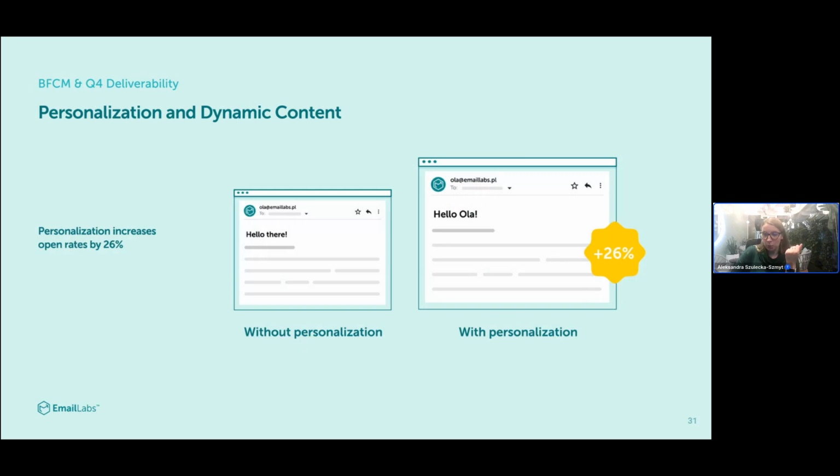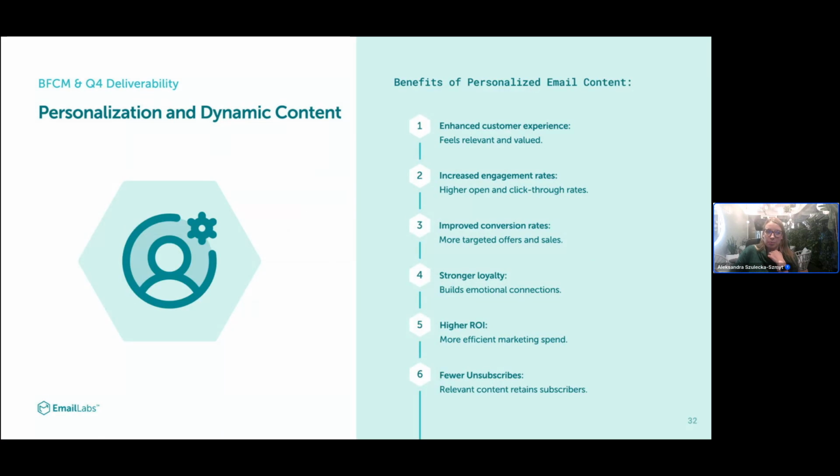It is said that open rate increases by 26% when the email content is personalized, and by personalization you can mean adding a name in the email header, in the greeting, adding a personalized recommendation within the email creation. That's one of the examples.